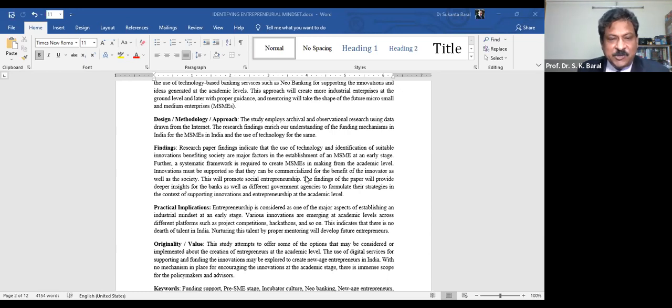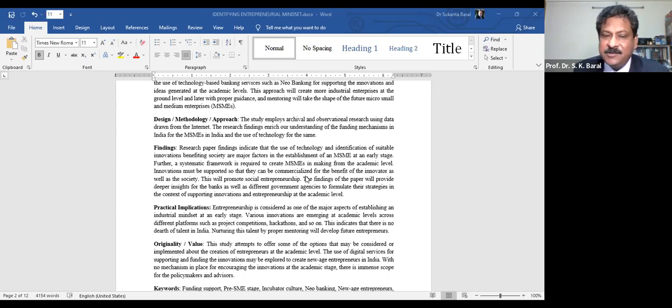Further, a systematic framework is required, because I have prepared a framework, I'll show you. Further, a systematic framework is required to create MSMEs from the academic level, because entrepreneur is a profession.